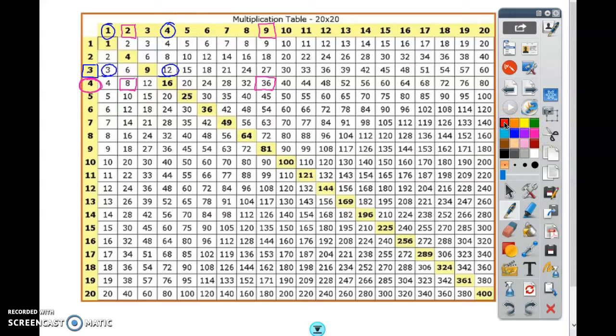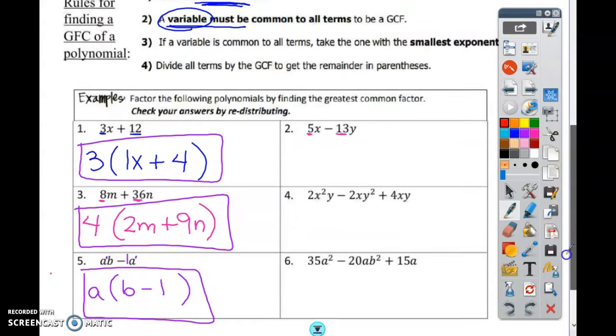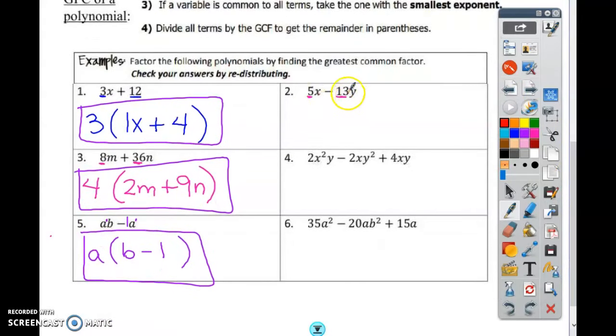Where are they? It's right here and right here. They're both on the same line. It's a 1, right? I can divide by 1. So let's go back. Do they have a letter in common? No, they don't have a letter in common. So I can only take out a 1.